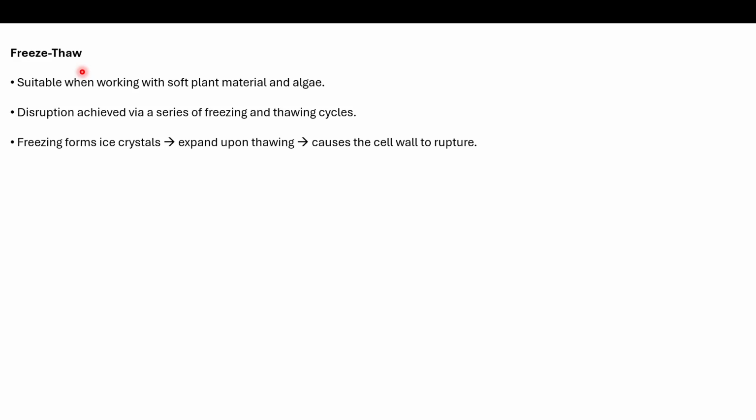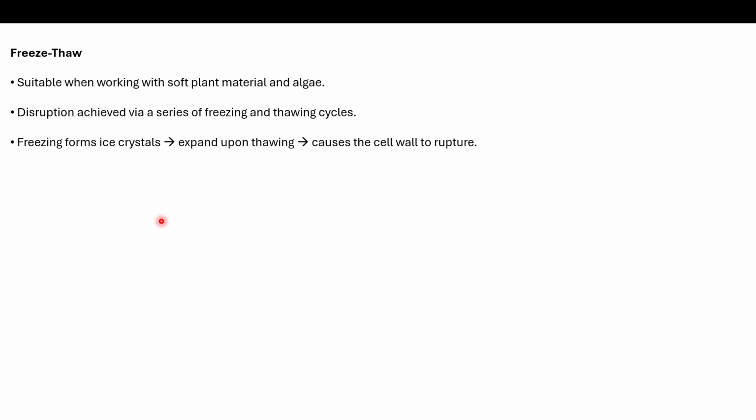If you freeze the thing and then thaw the thing, during that cycle, when samples are freezing, ice crystals begin to form, right? So the formation of these ice crystals tends to damage the cells.